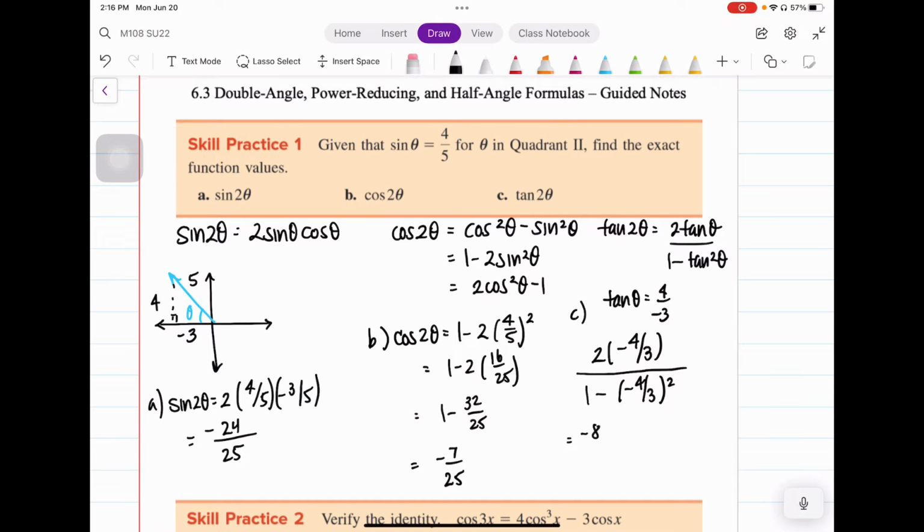That's equal to negative 8/3 over 1 minus 16/9. That's negative 8/3 over negative 7/9, which I can then multiply by the reciprocal. That's going to give me negative 8/3 times negative 9/7. I can divide out by 3. The negatives are going to become a positive, and that is 24/7.